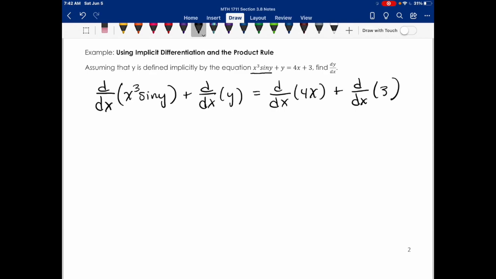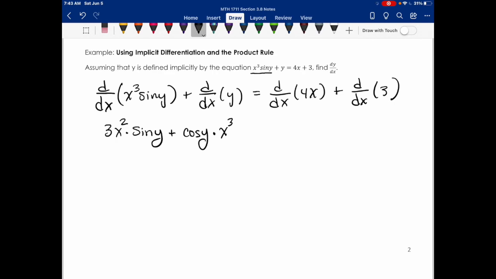All right, when I take the derivative of x to the third sine y, I've got to remember to use the product rule. So I'm going to take the derivative of the first function, which is x to the third. When I take the derivative of that, I have 3x squared, and then I multiply that by sine y. Then I take the derivative of sine y, which is cosine y, times my function x to the third.